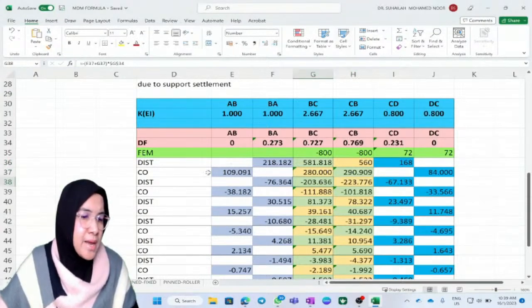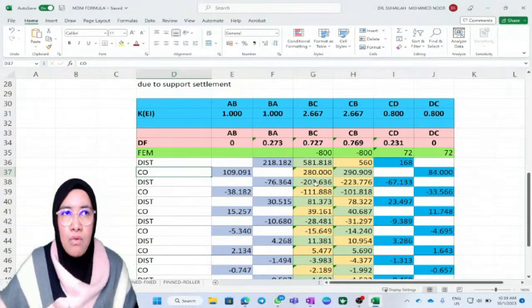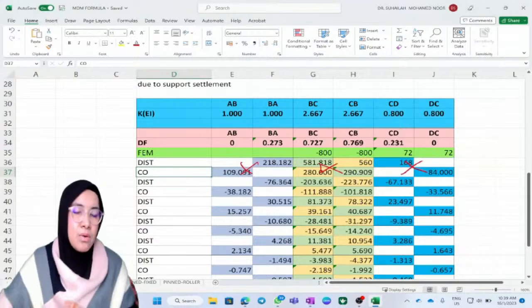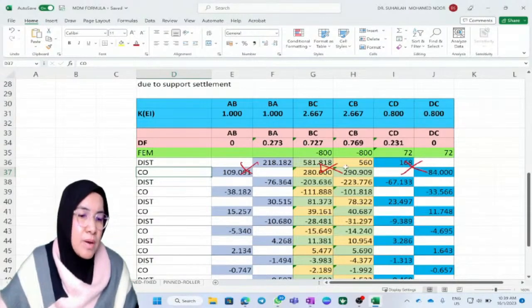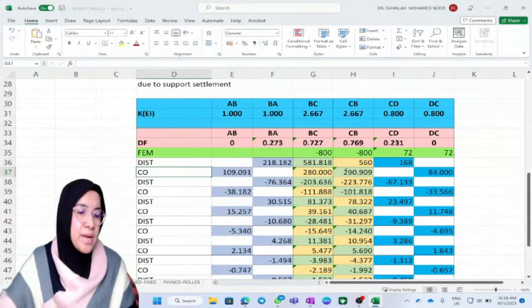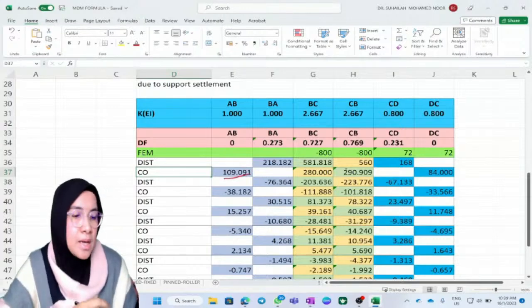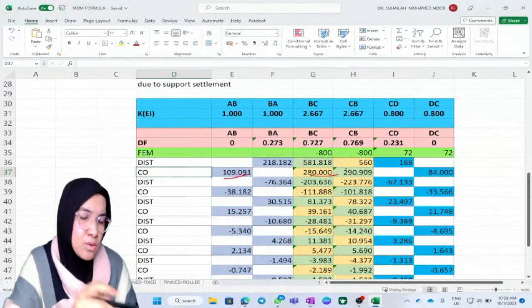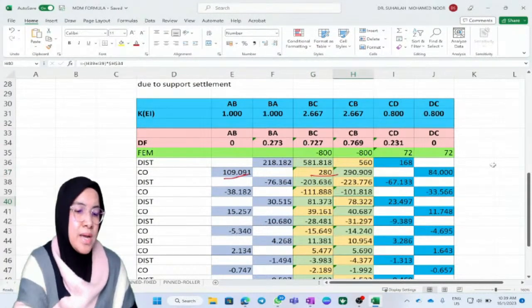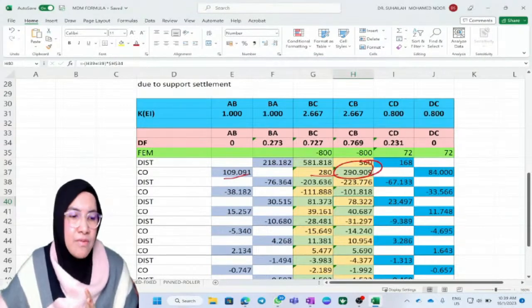Okay, so then we have to carry over. We cross boundary like this. So we should get 109.091, and then we get 280 from 560, and then we get 290.909 from 581.818.